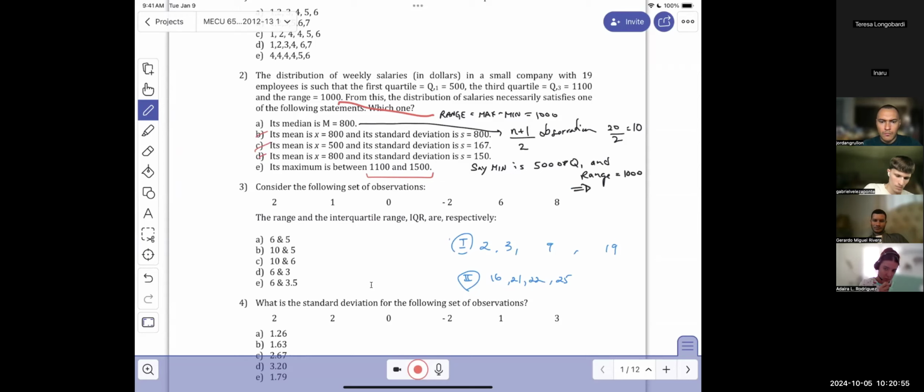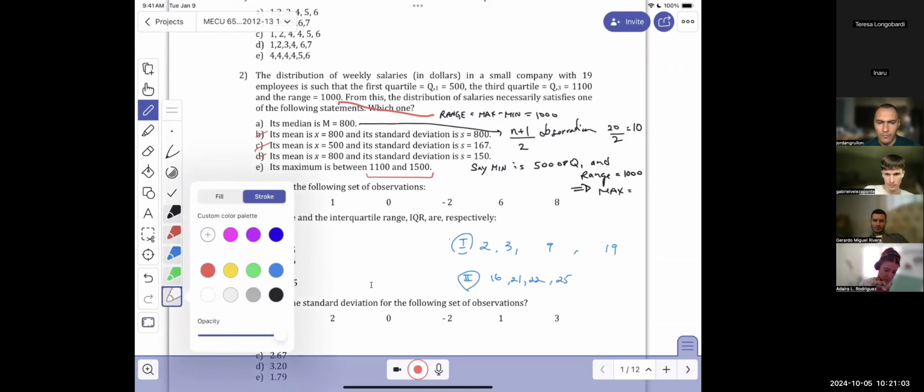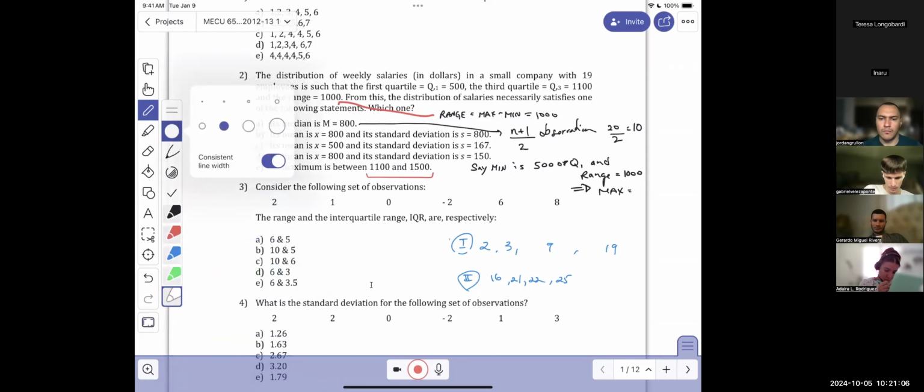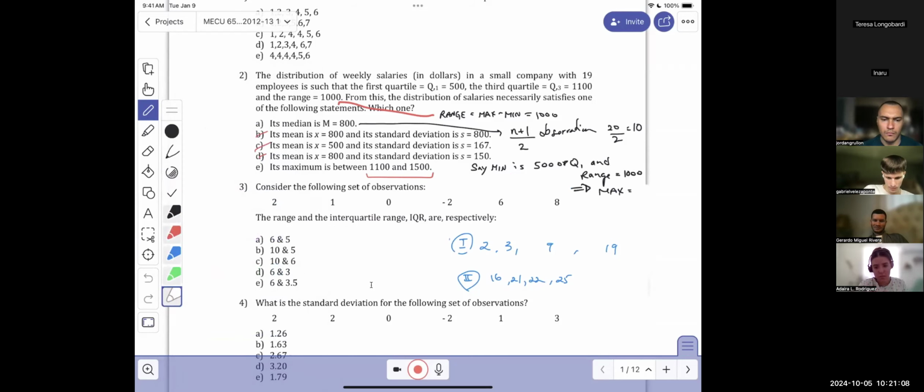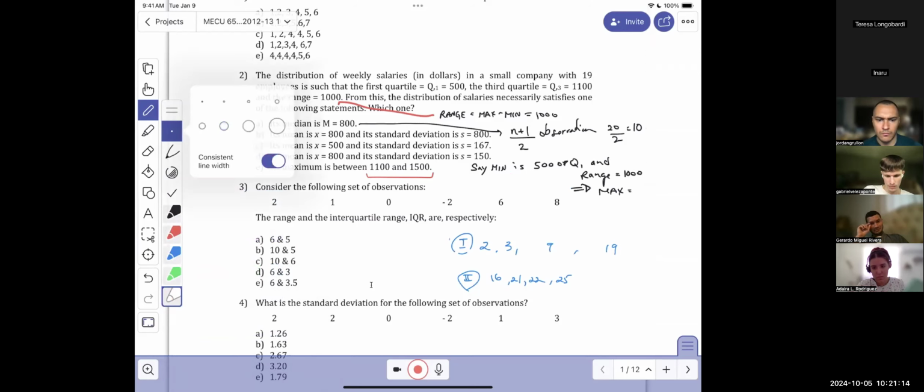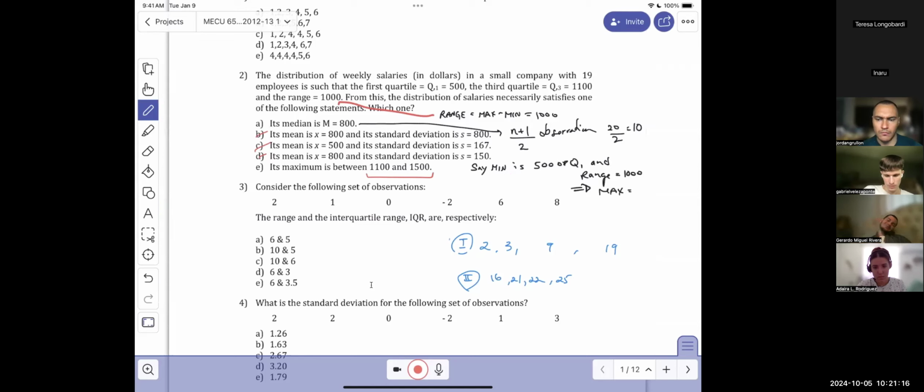This implies that the maximum is equal to what? 1,500.